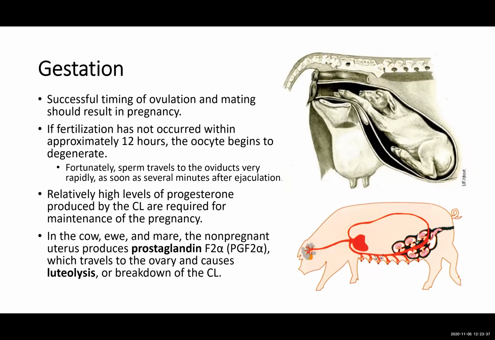Gestation. Again, gestation is a process of basically carrying the pregnancy or being pregnant, and it occurs after successful timing of ovulation and mating. If the fertilization doesn't occur, then the oocyte, which is the ovulated egg, will just degenerate.